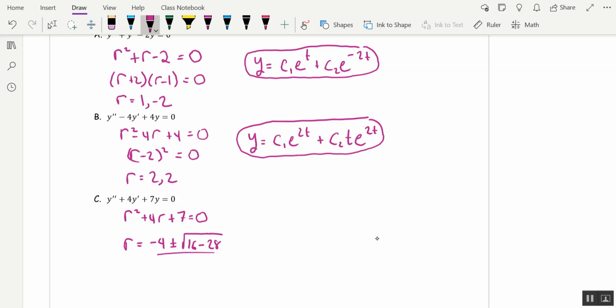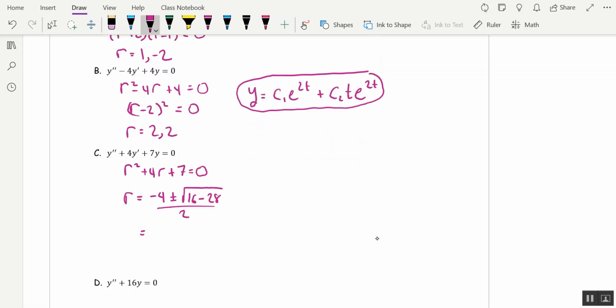In this case, 2a is just 2. So that's -4 plus or minus the square root of -12 over 2, which is -4 plus or minus 2 root 3 times i, because the square root of -1 is i, all over 2. This is negative 2 plus or minus root 3 i. So alpha is negative 2 and beta is root 3.